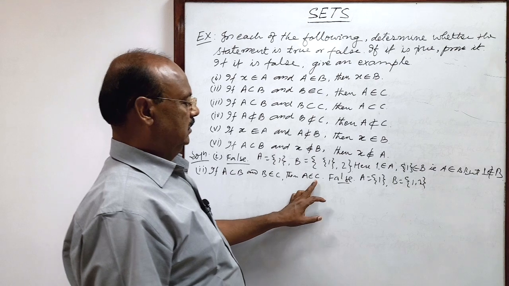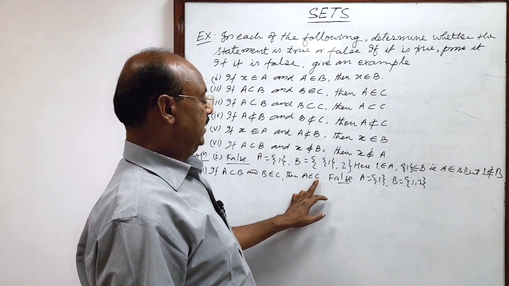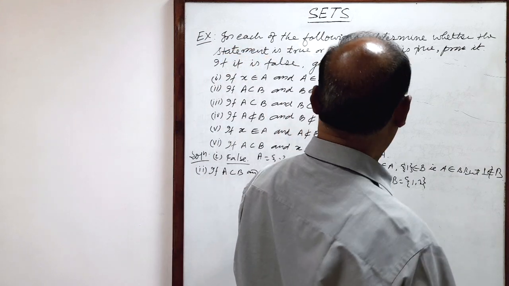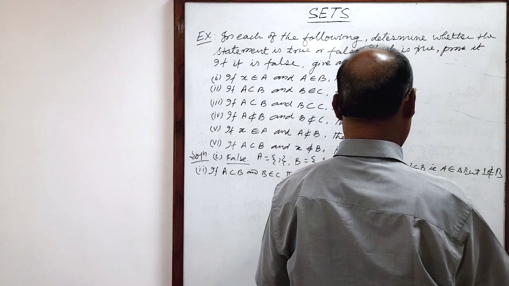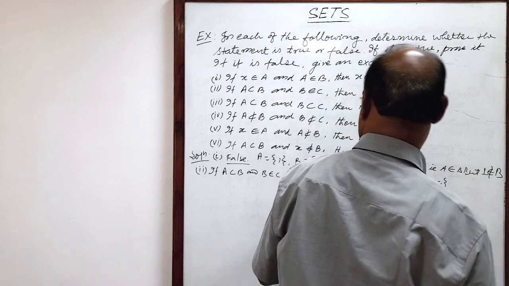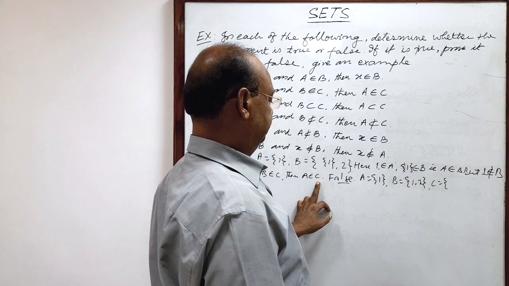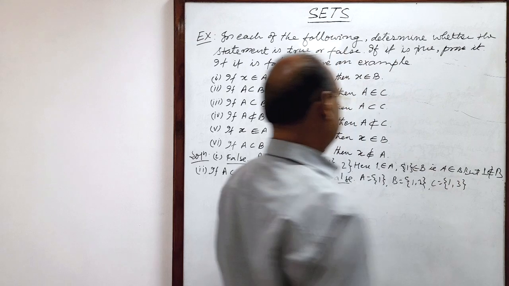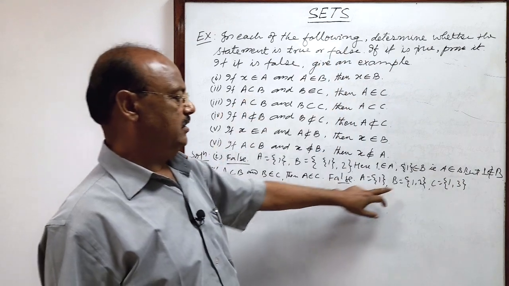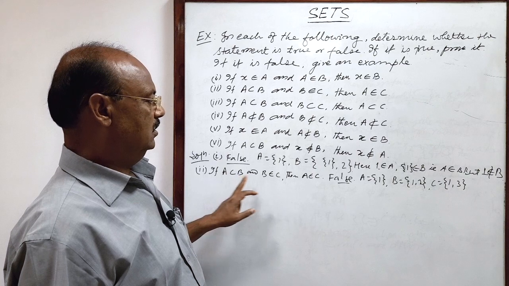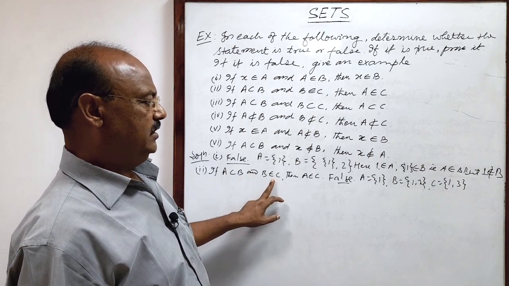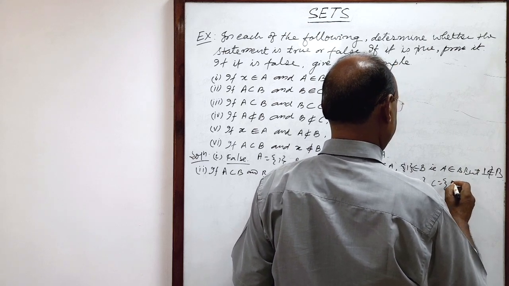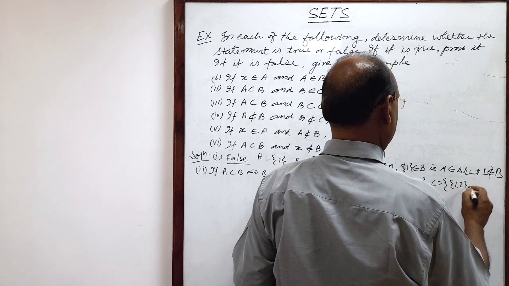And here we will take set C with elements such that B belongs to C. So C consisting of elements 1 and 3. A is a subset of B. This is A, this is B. And B belonging to set C. Set C will be like this: 1, 2 and 3.